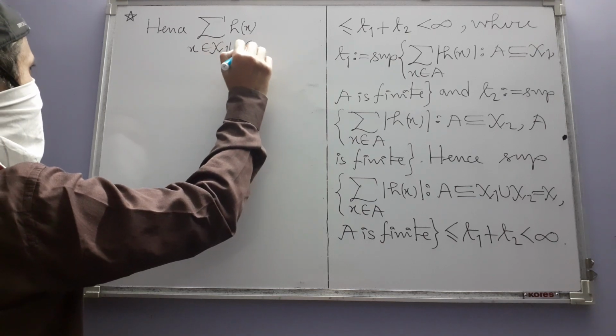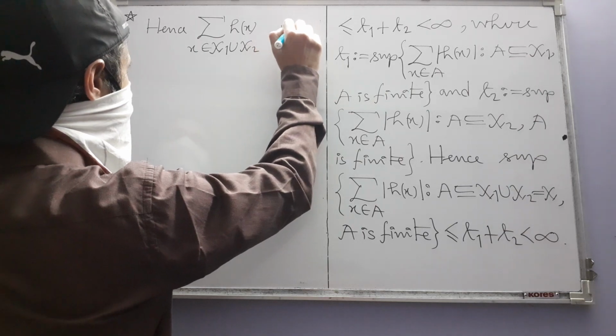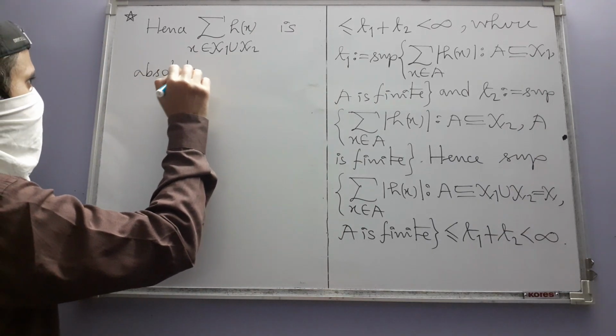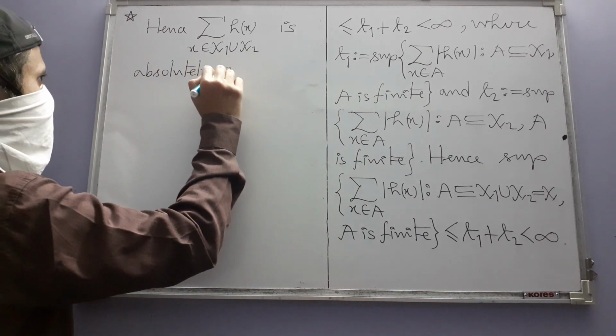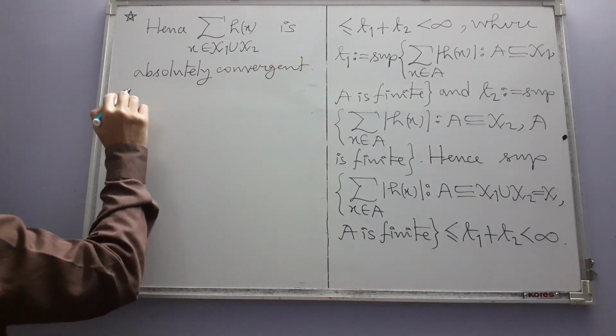x, you can write x, but in the text it's written x1 union x2 is absolutely convergent.